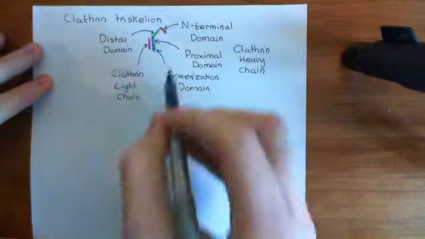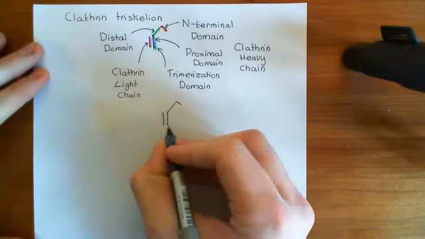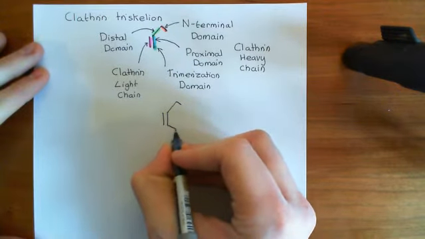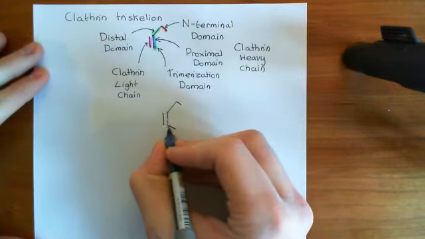So let's now discuss how we create a clathrin triskelion, which is the main form in which clathrin exists within the cytoplasm. To create a clathrin triskelion, you're going to connect three clathrin molecules, which remember consist of a clathrin heavy chain with a clathrin light chain. The way you're going to connect them is by connecting the heavy chains at their trimerization domains.